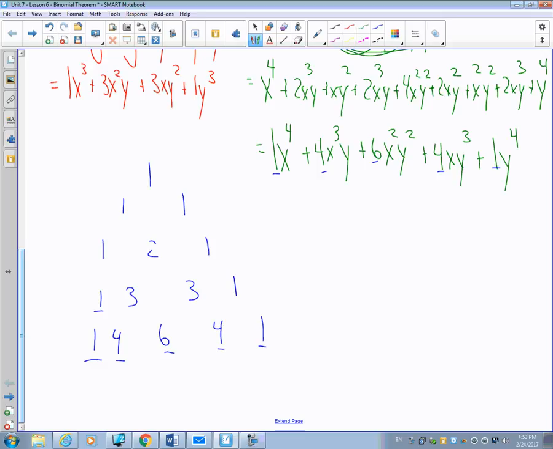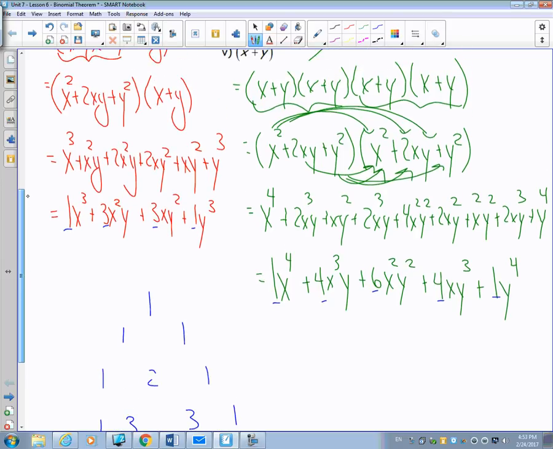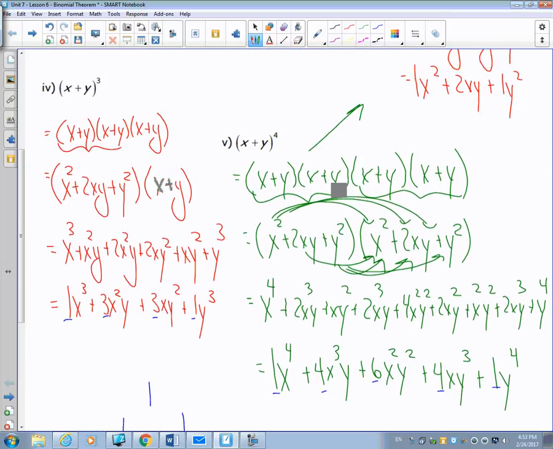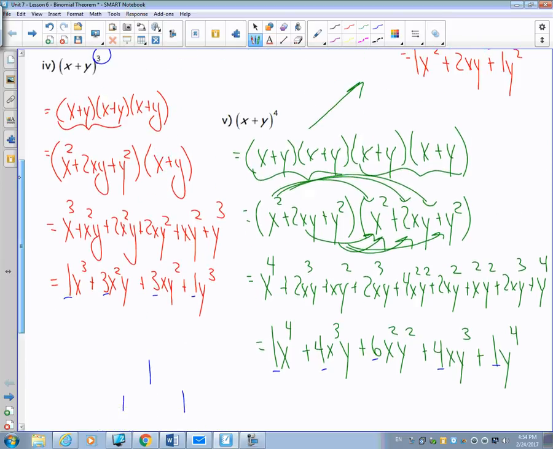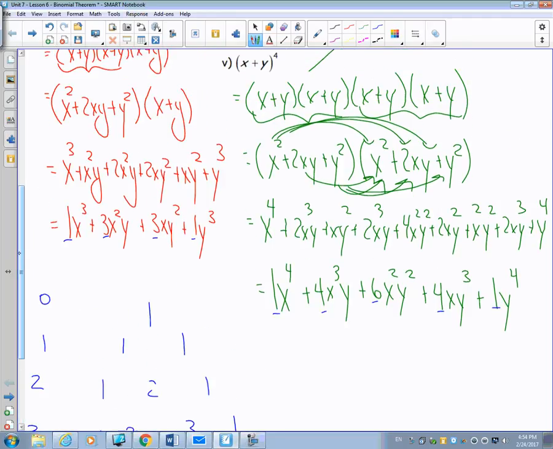In the previous row were these numbers. And if I actually stop and think for a second, my exponent tells me what row to go to. Row number 3, row number 2, row number 1, row number 0. Row 4 had these.